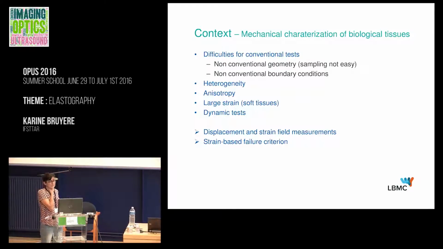We are interested in large strain, specifically for soft tissue. And as we are interested in different strain rates, we perform dynamic tests. In these conditions, due to all these constraints, we need to measure displacement and strain fields. And we are particularly interested in the definition and quantification of strain-based failure criteria.